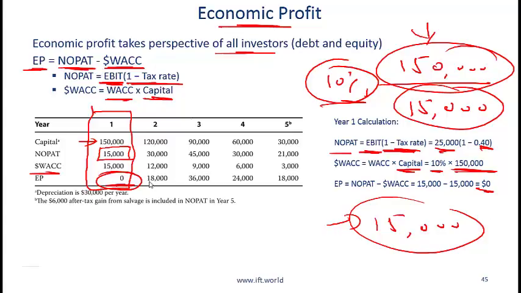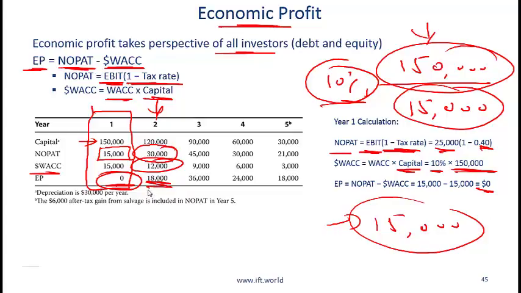Economically speaking, you actually make money when the cost of raising money is less than the money that is generated from your project. And that happens in year 2, where NOPAT is 30,000, that's how much is generated. The dollar WACC is 12,000, so the economic profit is 18,000.